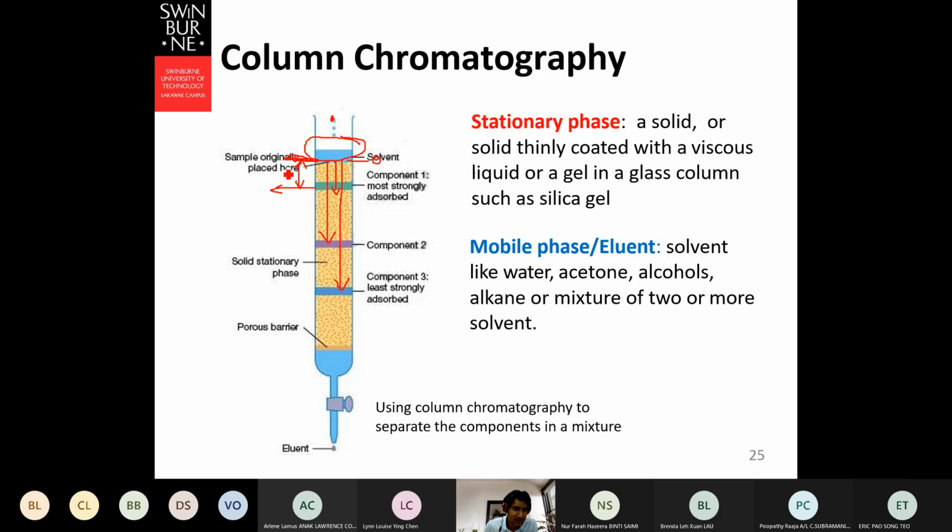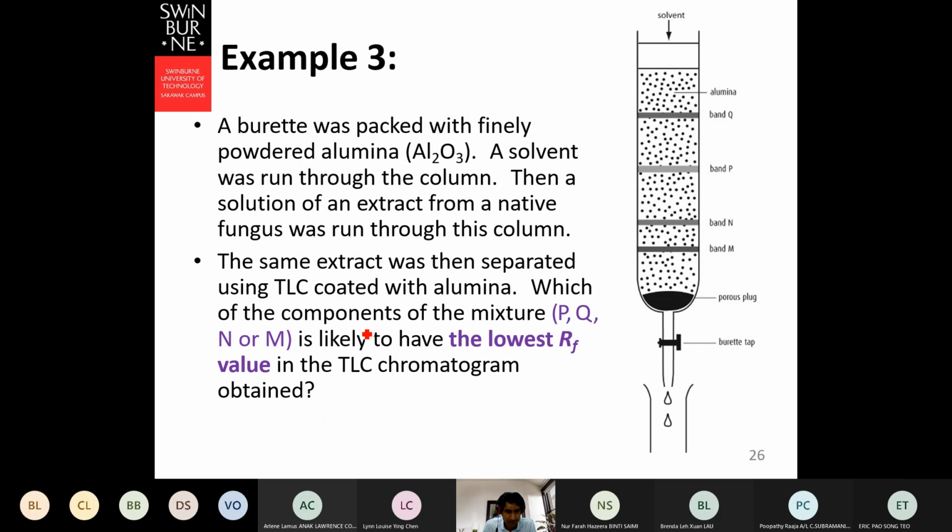If we are using water here, then component 1 should be the most non-polar component, because water is polar.